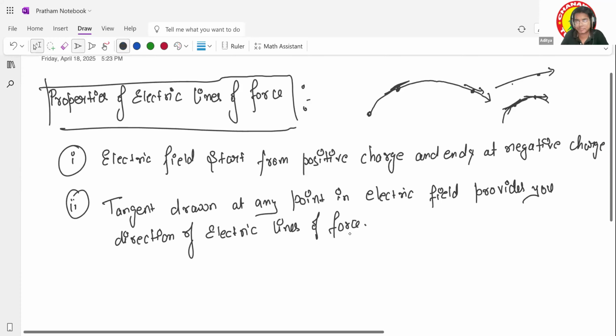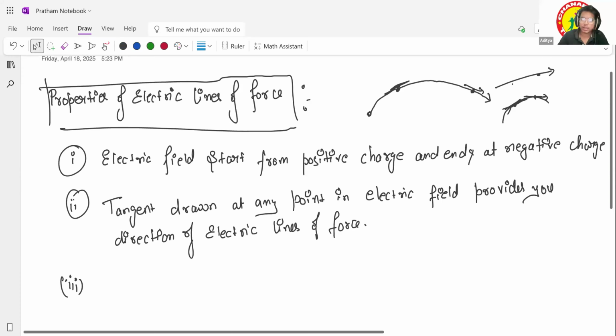Is that clear? Yes, sir. So what's next? What can be the third property? Any idea?